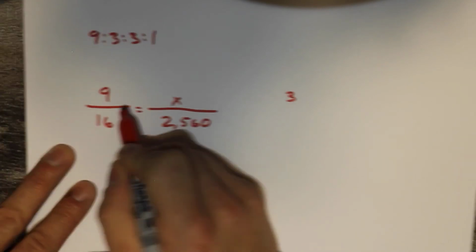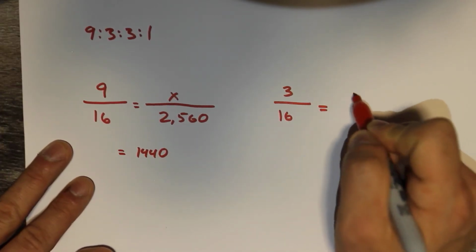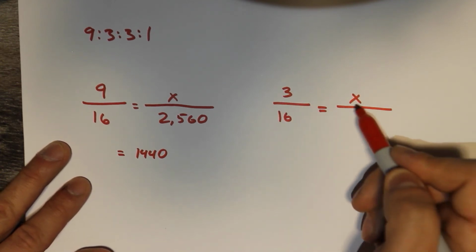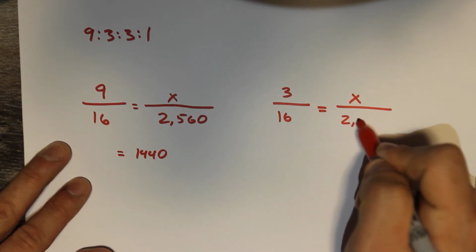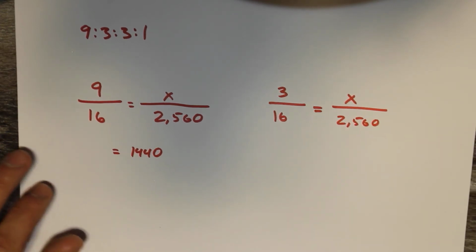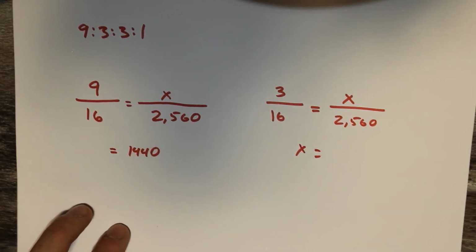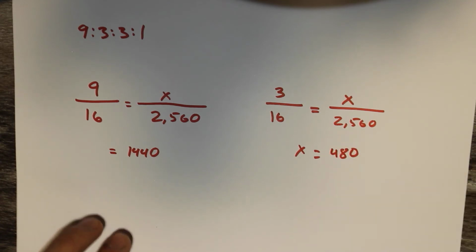So instead of that 9 out of 16 like we did over there, we're going to do 3 out of 16, but everything else is going to stay the same. We're going to have our dominant recessive, that'll be our x, our total, and then still our total. Okay? So when we solve for x on this one, after you cross multiply, you should get 480.